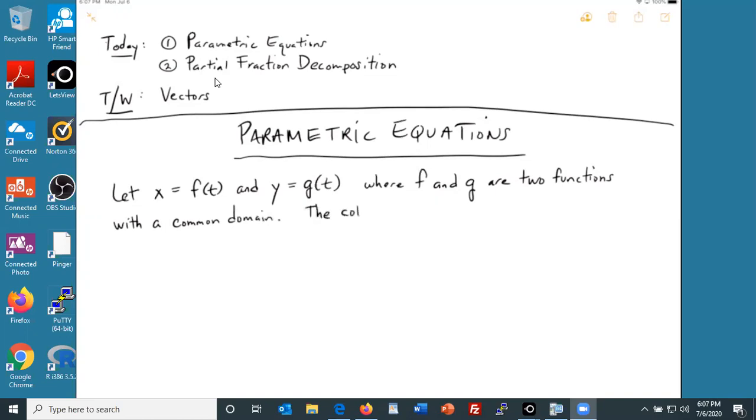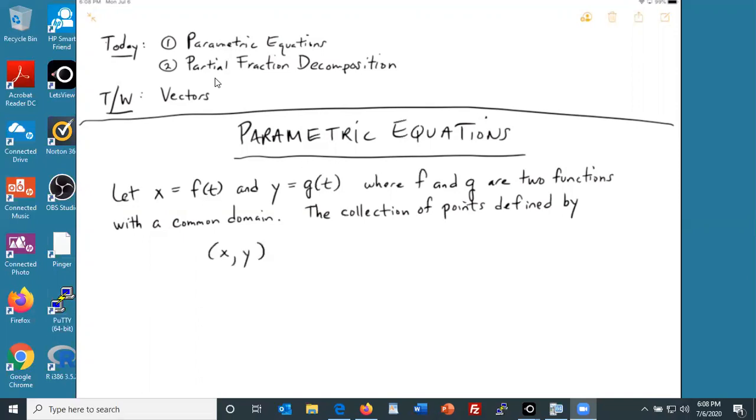So then what we do is, we certainly want to graph these things, so we have to get some points with x and y coordinates to do this. So the collection of points is defined by this, right?